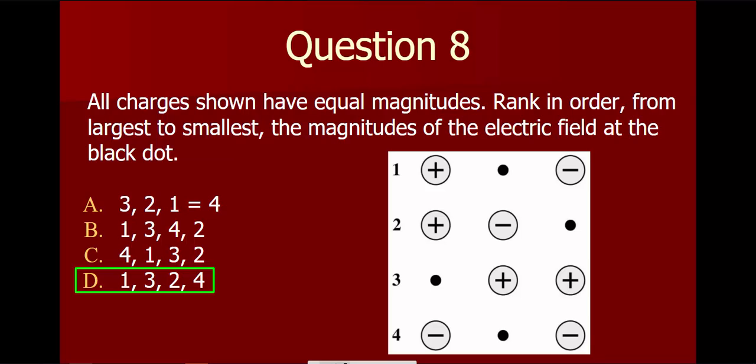All charges have equal magnitude. Rank in order from largest to smallest the magnitude of the electric field. So, that's basically what we just did. So here, 1, the field goes to the right, and then the negative also goes to the right, so these two add, because they're close.